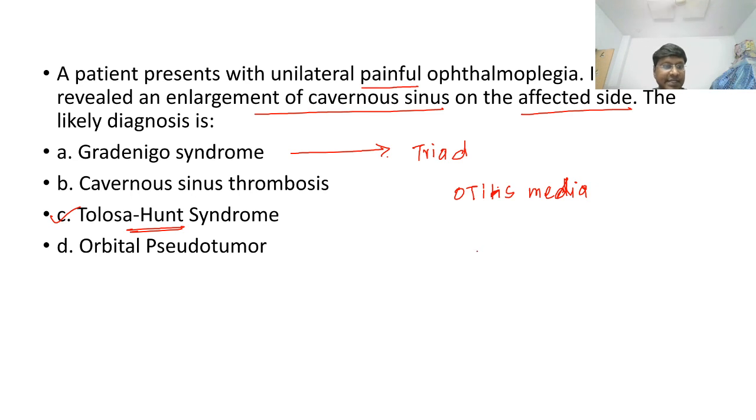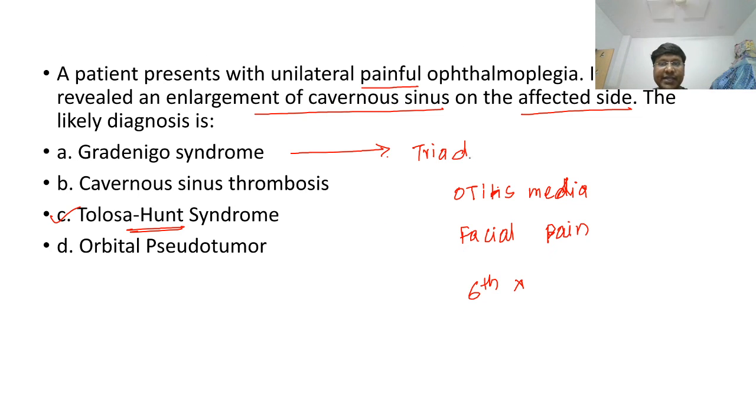Number two, the presence of facial pain, right? Number three, presence of sixth nerve palsy, right? These three are the triad of your Gradenigo's syndrome.